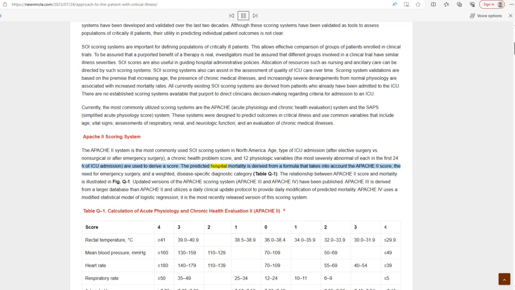The predicted hospital mortality is derived from a formula that takes into account the APACHE 2 score, the need for emergency surgery, and a weighted, disease-specific diagnostic category, Table Q1. The relationship between APACHE 2 score and mortality is illustrated in Figure Q1.